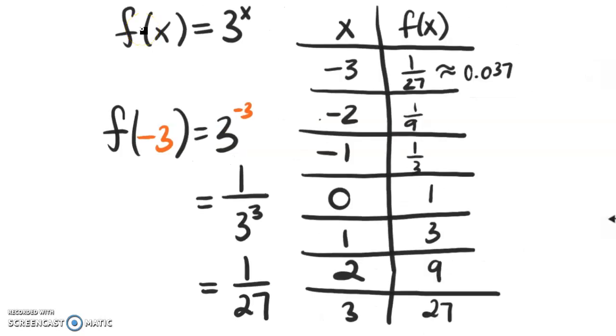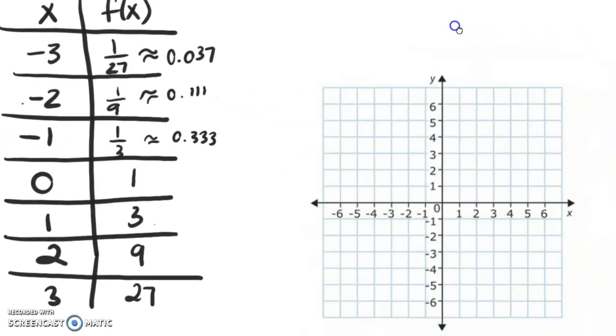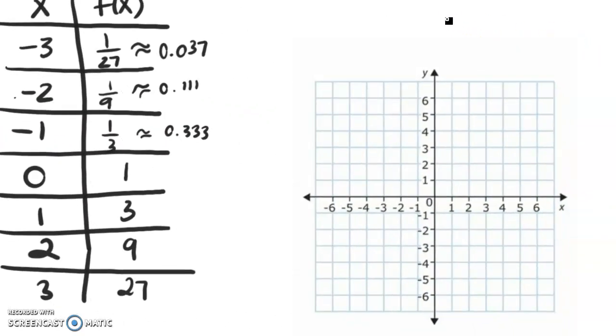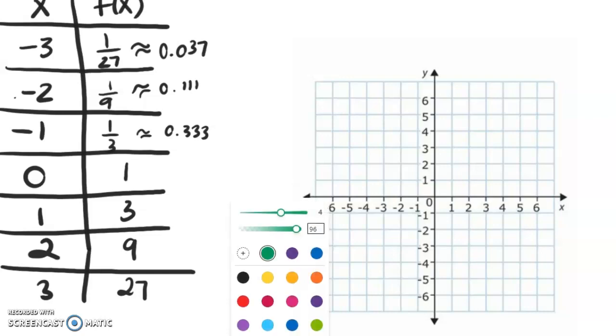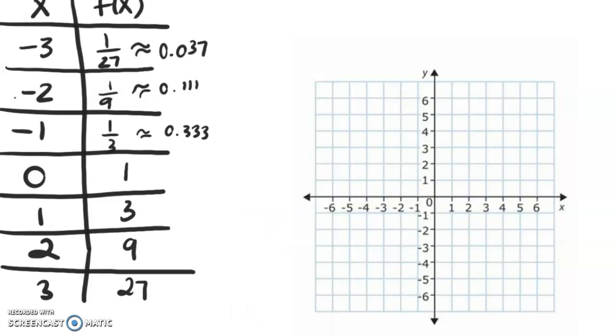Okay, so I found my values, and my decimals here would be 0.11, and here we'd have 0.33. These are run-on decimals, both of them. And then let's plot these points on graph paper. So -3, a point that's very close to the x-axis.